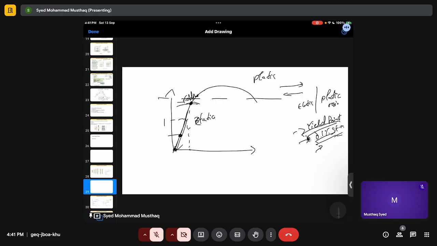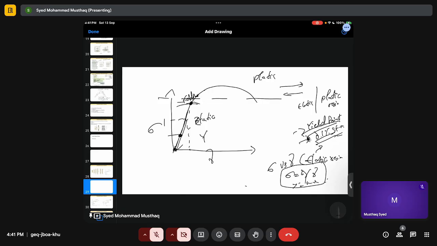So from elastic you can get the elastic modulus, and what does the elastic modulus say? It tells you what my stress-strain relation is in the elastic region. And because it is a linear curve, you just write it like this. Instead of G, let's write it as Y. Y is equal to mx.